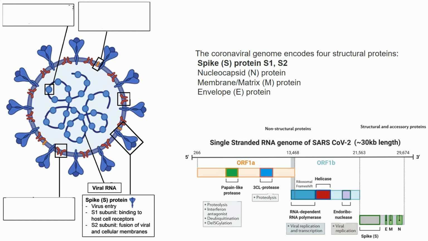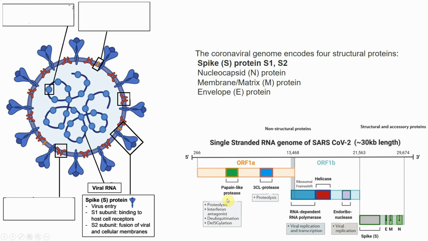As you see here, in the non-structural protein part, there are two parts, ORF1A and ORF1B. ORF is the open reading frame. The first one, 1A, has two main parts in the genome.